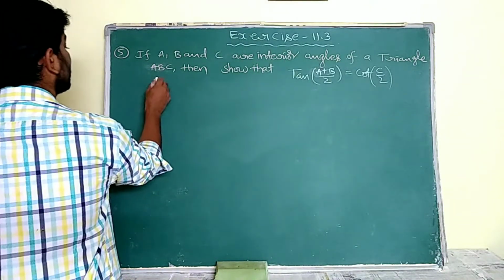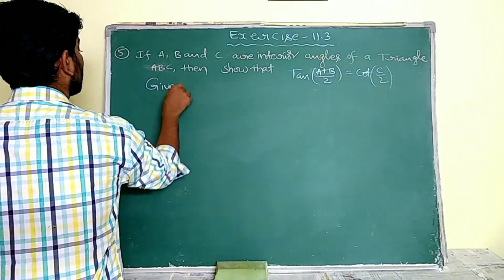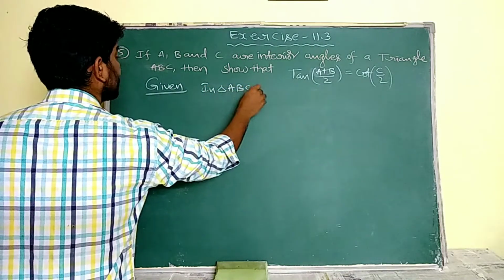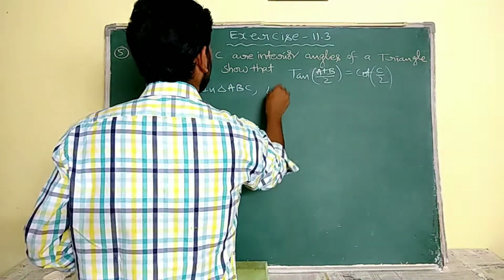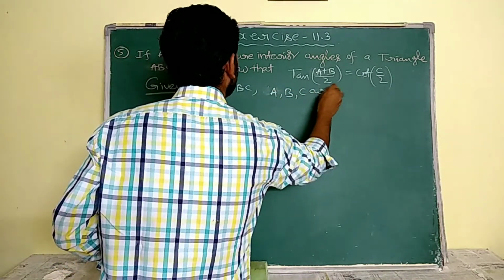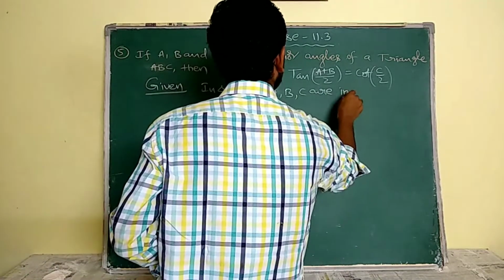One see. Firstly, write the given values. Given in triangle ABC, angles A, B, C are interior angles.